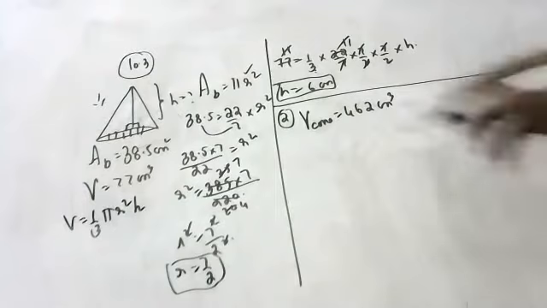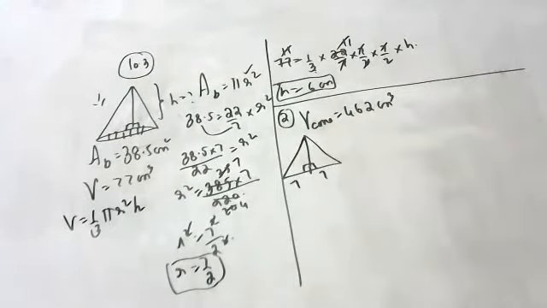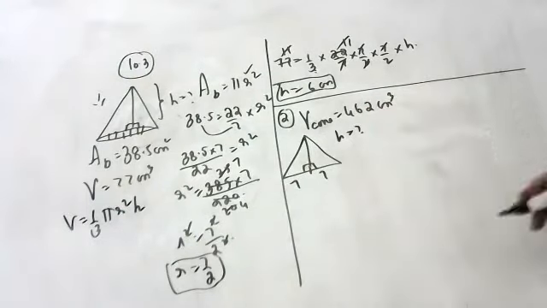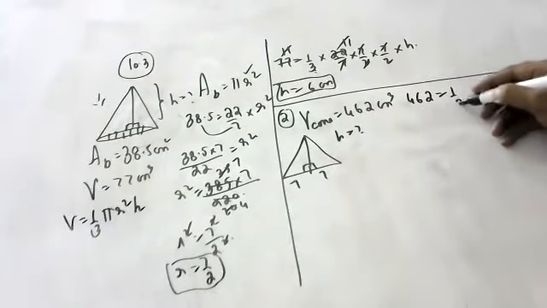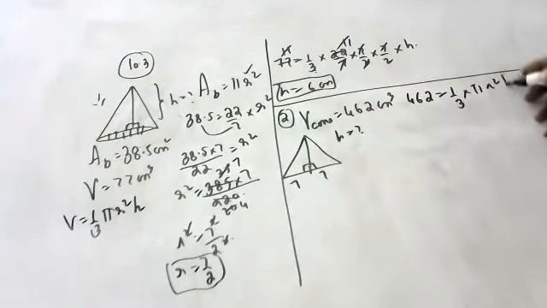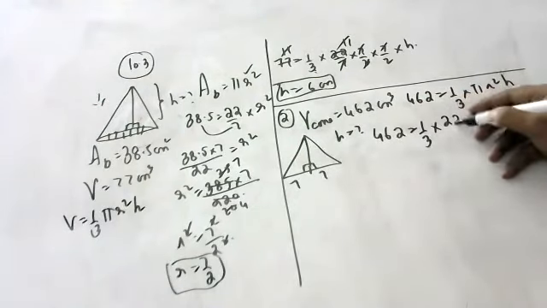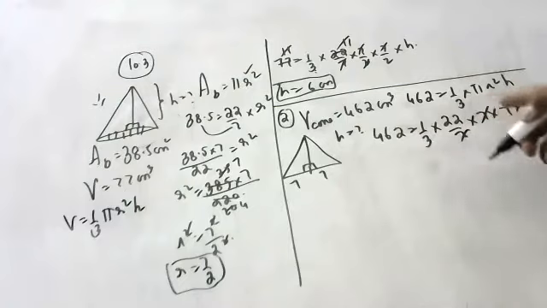Next. The volume of the cone is 462 centimeter cube. Base radius is 7 meters. What is its height? Volume is equal to 1 by 3 pi r square h. 462 is equal to 1 by 3 into 22 by 7 into 7 into 7 into h. 7 7 go. 3 will go up, 22 and 7 will come down.